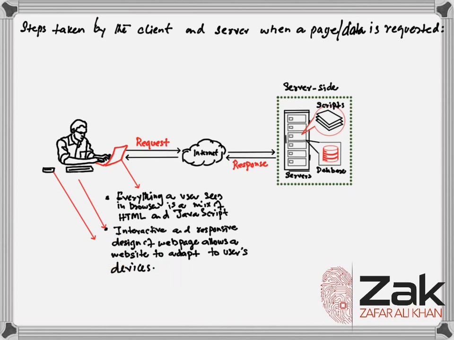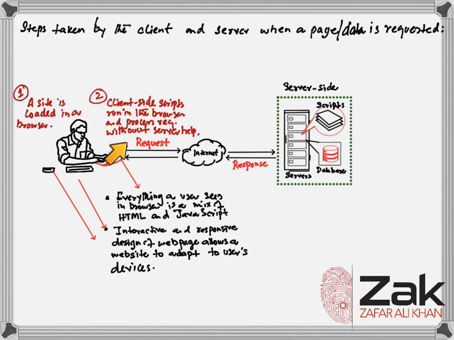That means that if you tilt your screen, the website adjusts itself and all its elements. That is because there is a script working on the client side. So let's start. At first, a site is loaded in the browser. Secondly, client-side scripts run in the browser and process requests without the server's help.